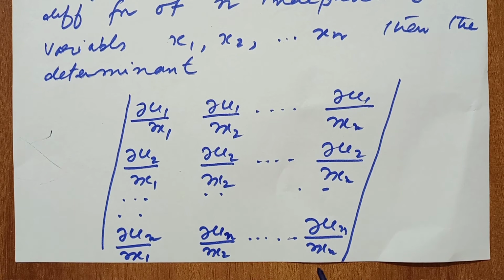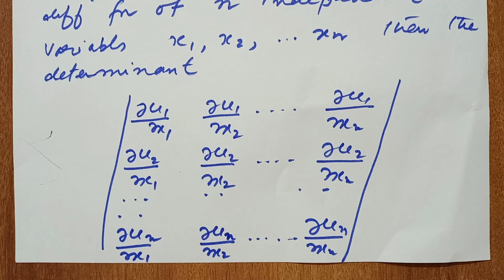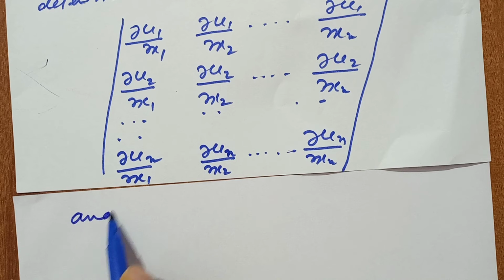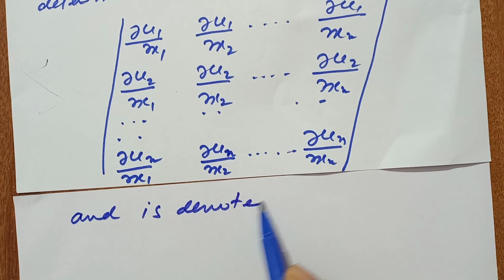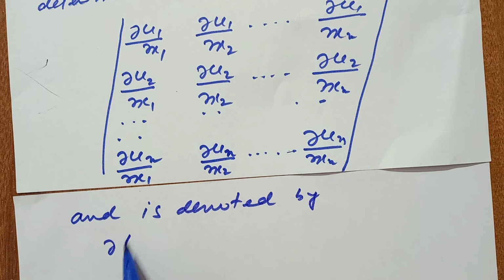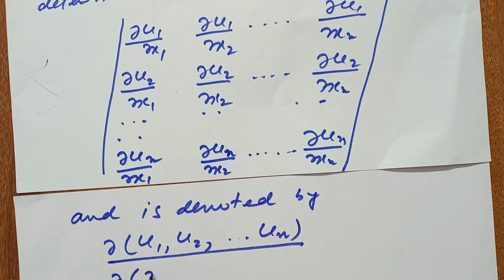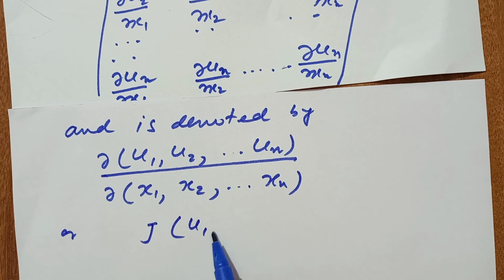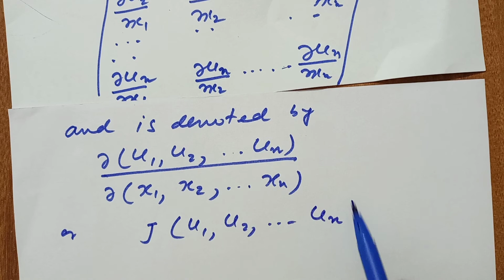It means if u1, u2, up to un are functions of x1, x2, up to xn, then this is the Jacobian, and it is denoted by J(u1, u2, up to un), or by del (u1, u2, up to un) upon del (x1, x2, up to xn).